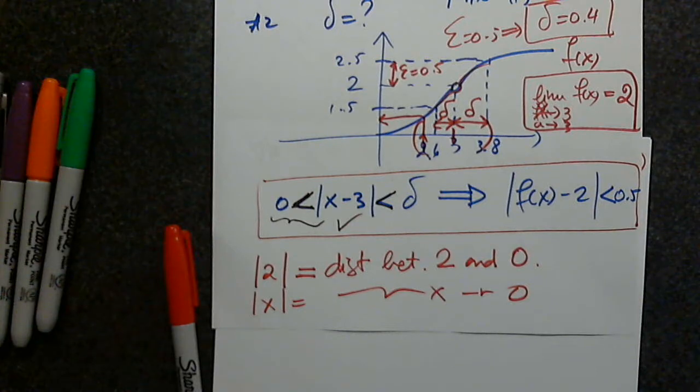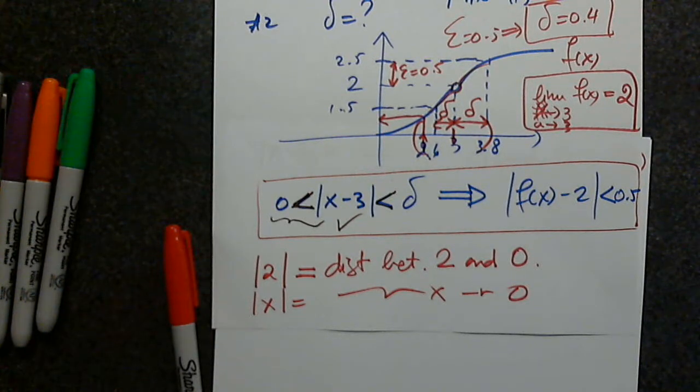It's restricted. It cannot be 0. And I cannot pick 2.6 because it has to be strictly less than delta. So I can pick anywhere between 2.6 and 3, not 2.6 and not 3. And I can pick anywhere between 3 and 3.4, not 3 and not 3.4. This is what this says.